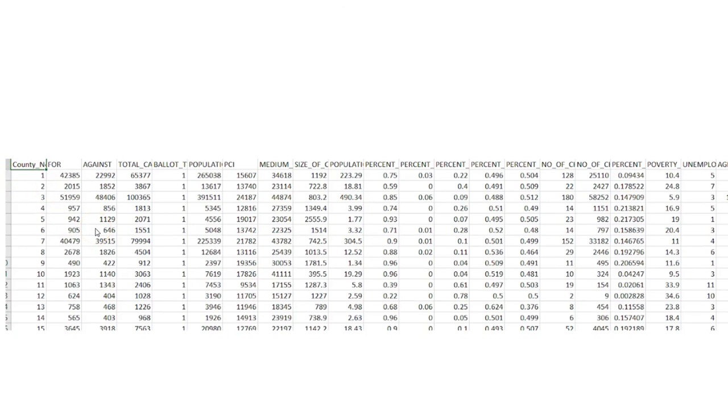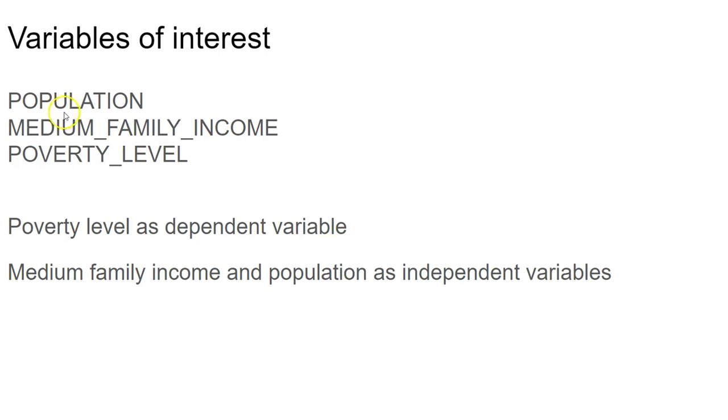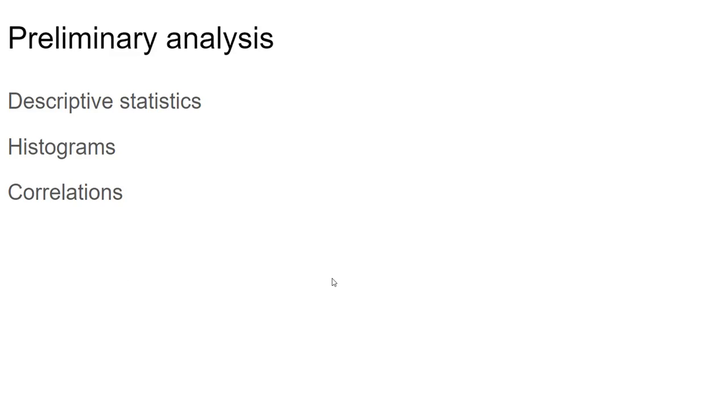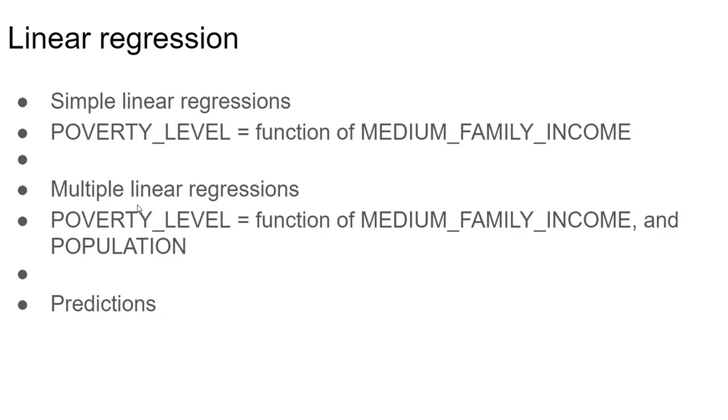To begin with, we'll look at just three variables: population, median family income, and poverty level. We'll try to predict poverty level as a dependent variable, so poverty level versus population, and poverty level versus median family income is what we'll use. First we'll start with some descriptive statistics and histograms, and also correlations and a heat map for correlations.